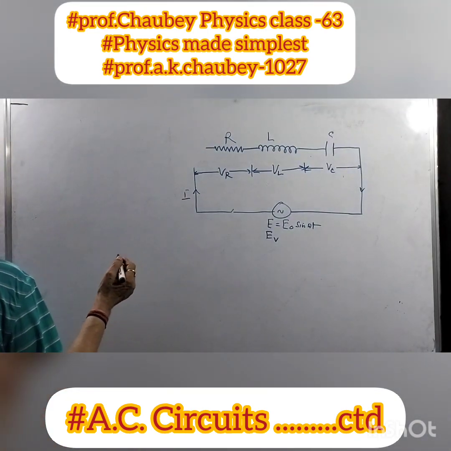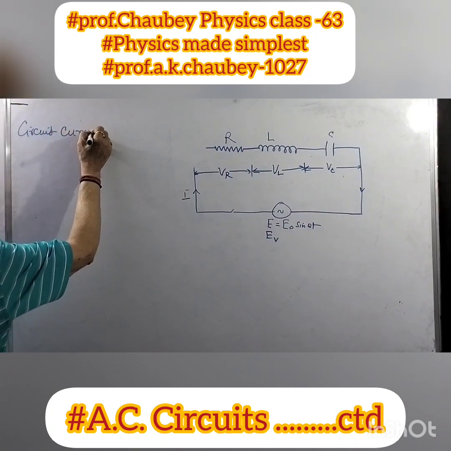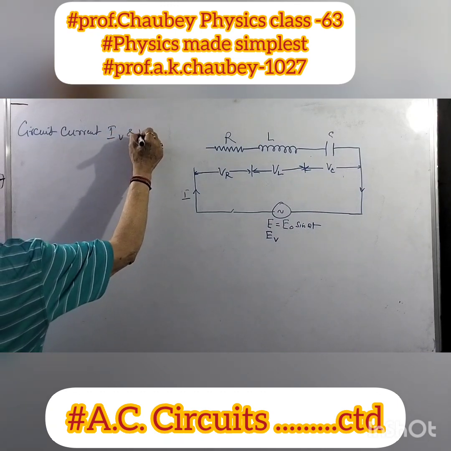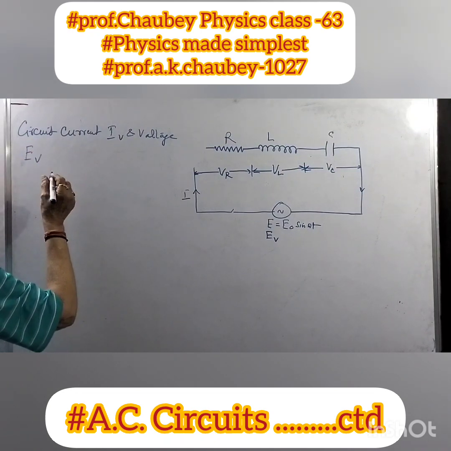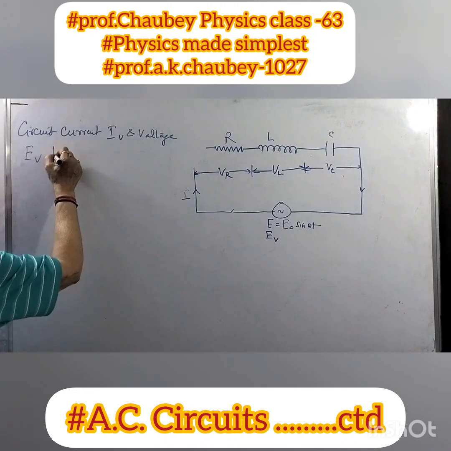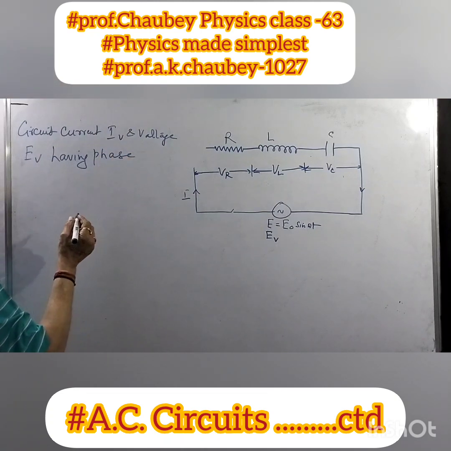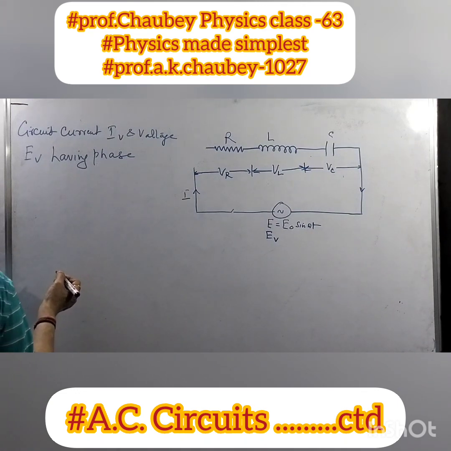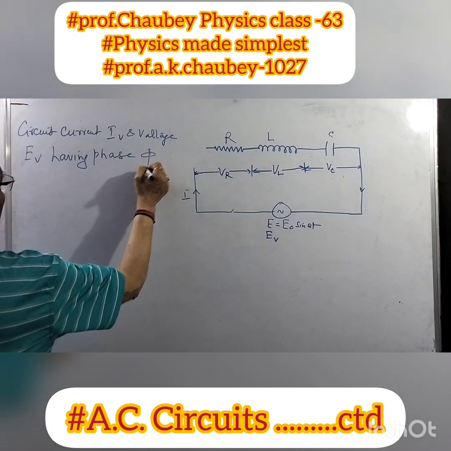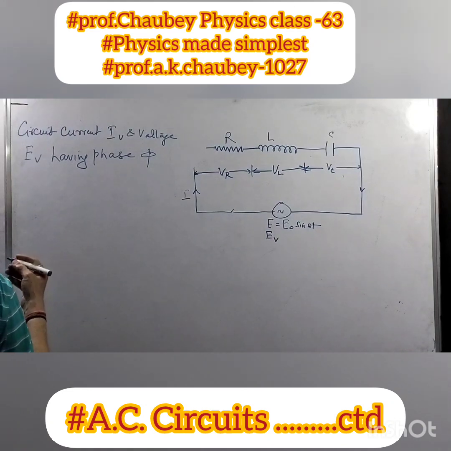The circuit current IV and the supply voltage EV are in phase, having a phase phi such that tan phi, that you can get from the triangle.